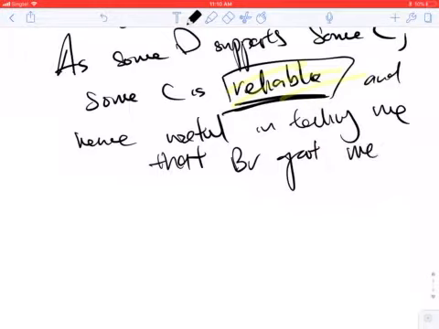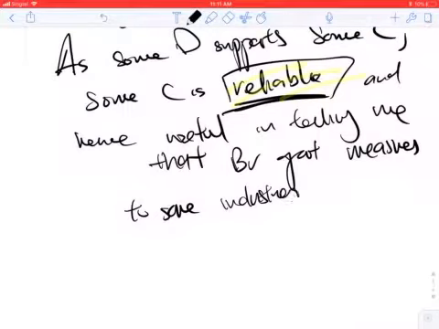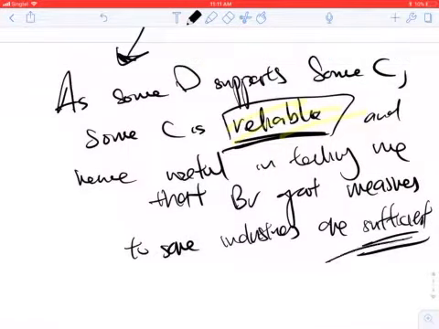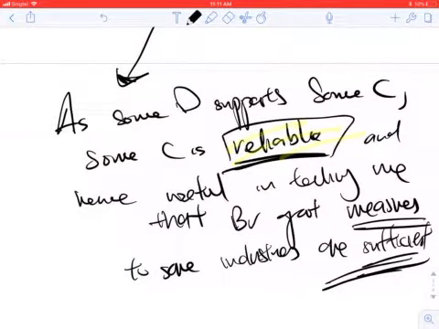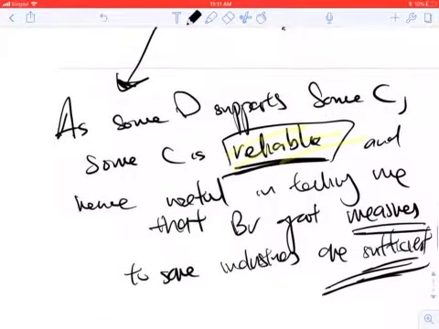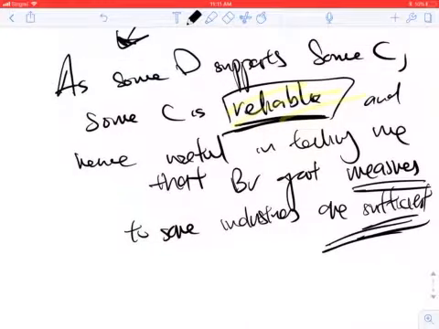Government measures to save industries are sufficient. So both are talking about the sufficiency of measures, the same criteria very clearly written down. That is how you do an effective cross-reference.